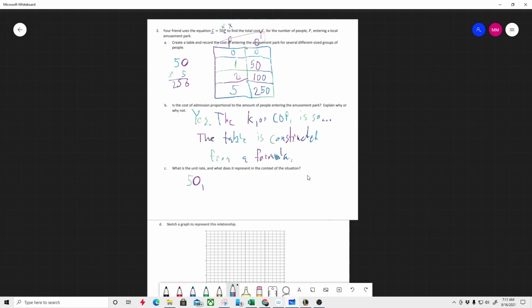P is the number of people. So it represents the cost per person.